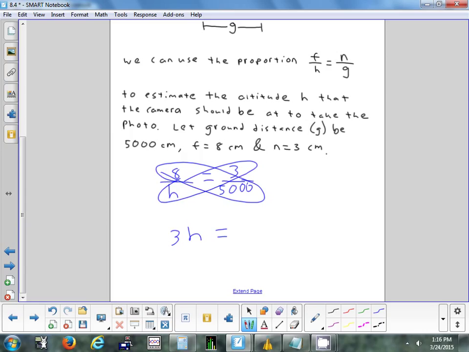Start with 8 times 5, which is 40. Add on 3 zeros, 40,000. Divided by 3.